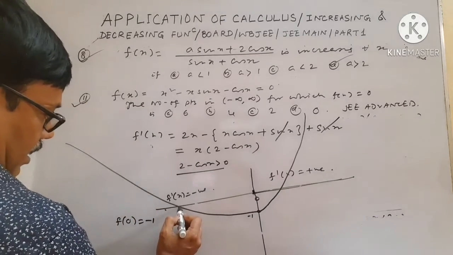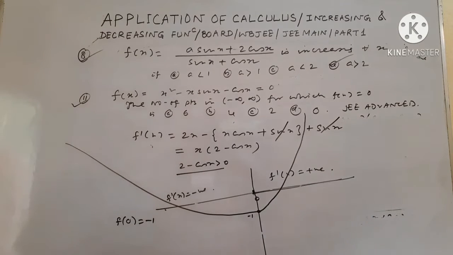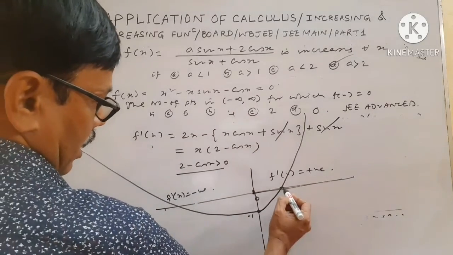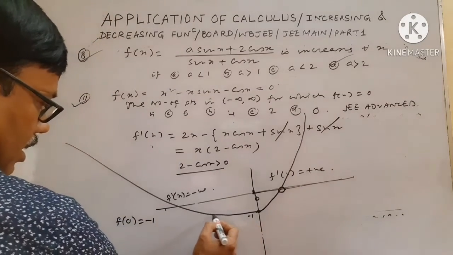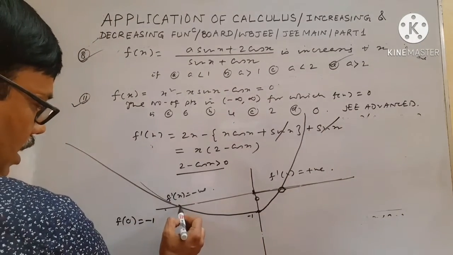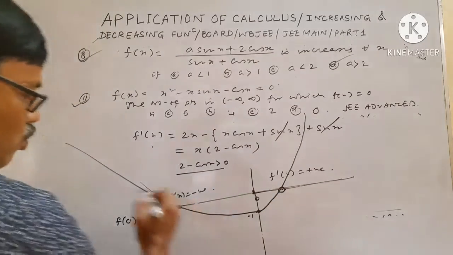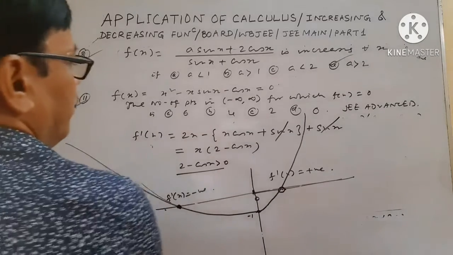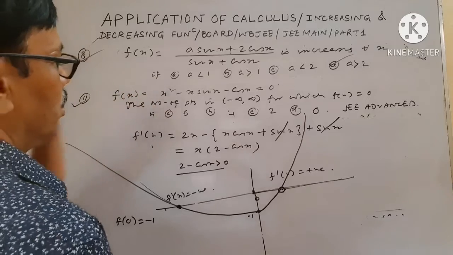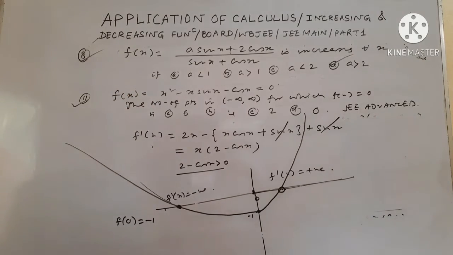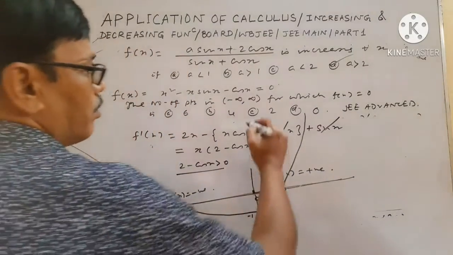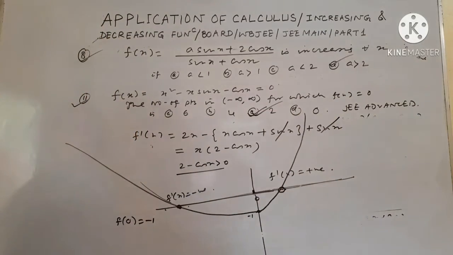So it cuts the x-axis at 2 points, here and here. f of infinity is plus infinity and f of minus infinity is also plus infinity, as it behaves like x square. So it cuts the x-axis at 2 points. Therefore it has 2 roots.